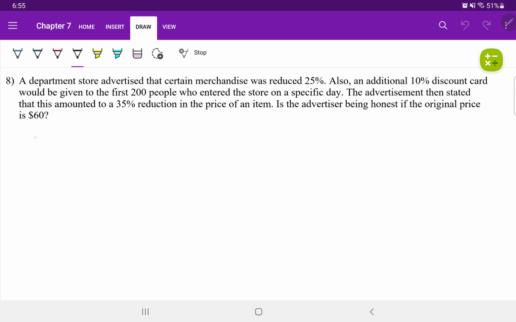So the original price is $60. And it says it was reduced by 25%. So the item was reduced by 25%.